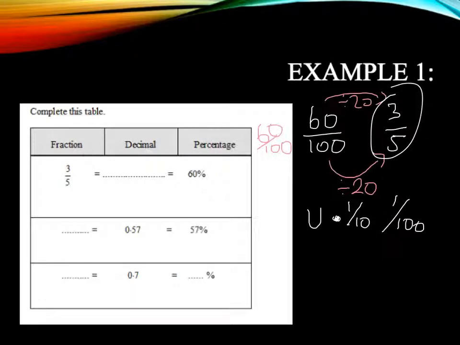So if I've got a decimal, or if I've got a percentage here, 60, we said that that's the same as 60 out of 100, or 60 hundredths. Let's see how I would write 60 in my hundredths column then. Well, it's the same as having 60 like this in my hundredths.